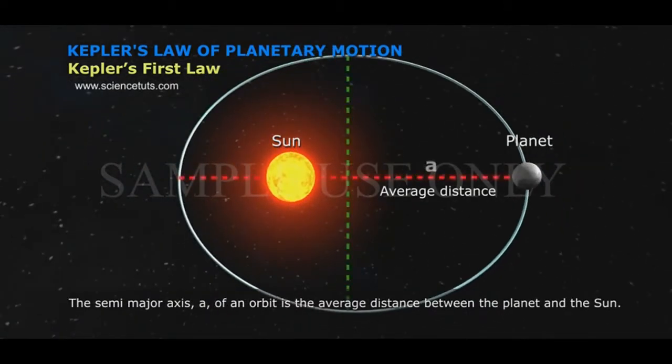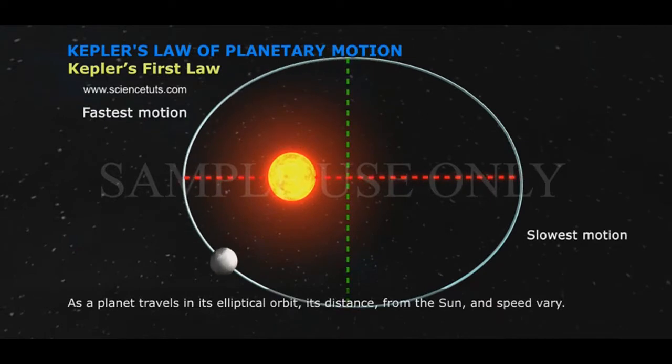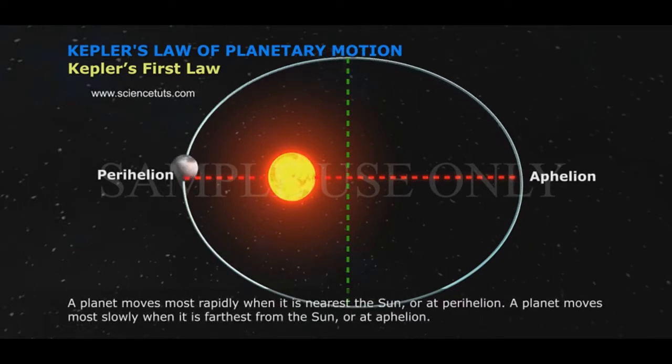If you take the planet here at average distance a, it orbits the sun on an elliptical path with the sun at one focus point only. This is the first law of planetary motion, stated by Johannes Kepler.